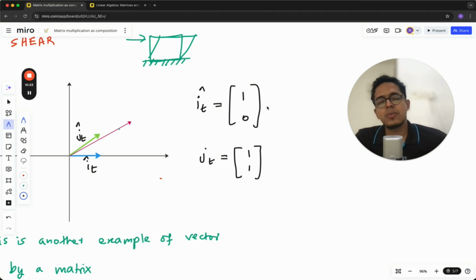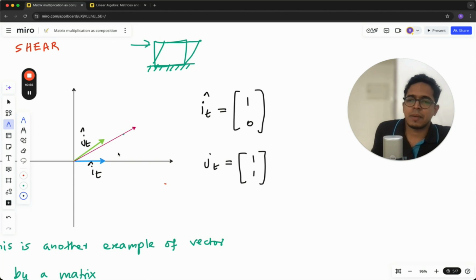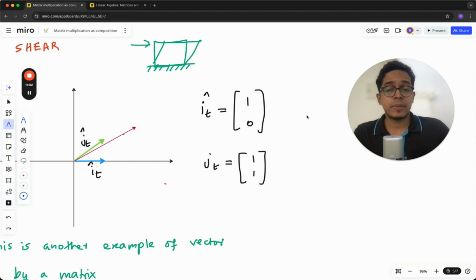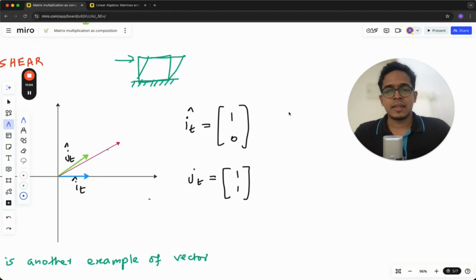Actually, I don't have to keep the magnitude as 1. It can be anything. What we want to see is, if this transformation is applied, what would happen to this particular vector, and how is it represented as a matrix? That's what we want to see, right?